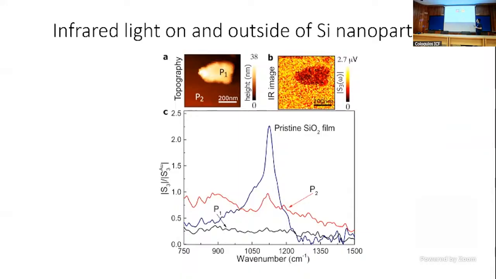And what we see is that in the background, we have signs of this SiO2, but there is this new thing appearing that we will discuss in the next slide. There is some signature of silicon dioxide here.